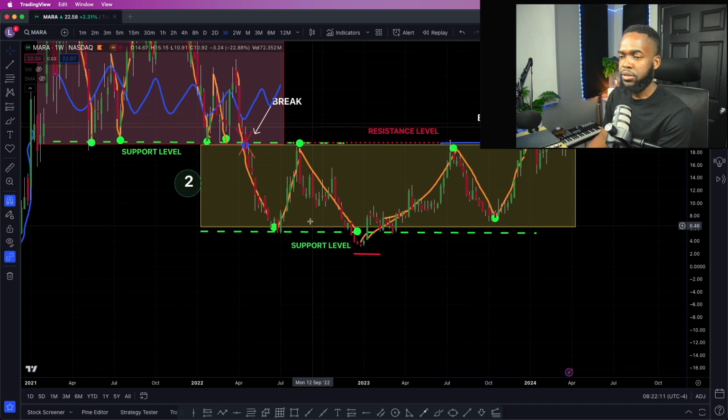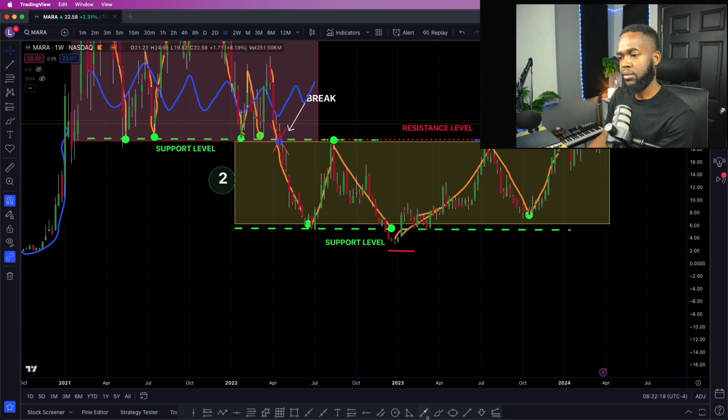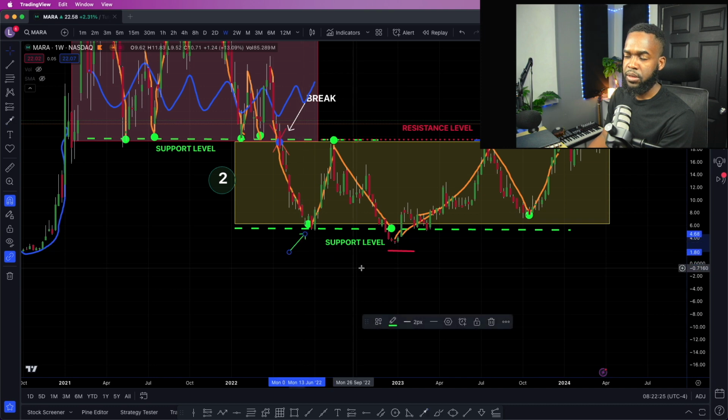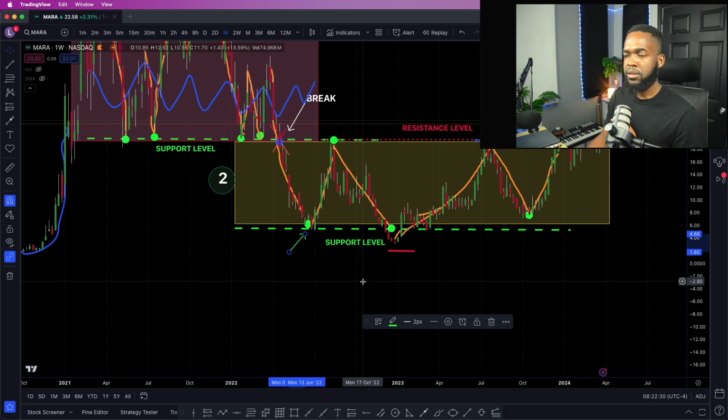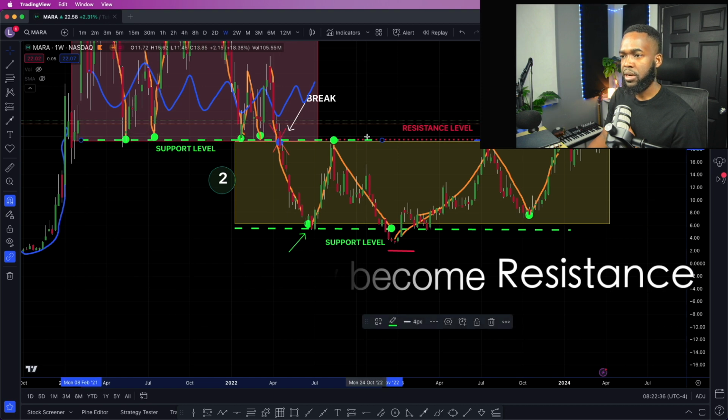Now when you see price come to this area, you can do the same thing. You can enter a trade here. So where is your target? Remember, this area was a support level.